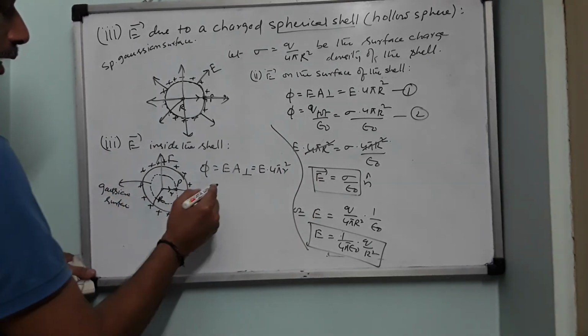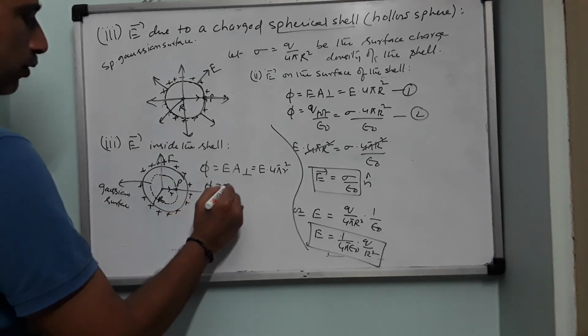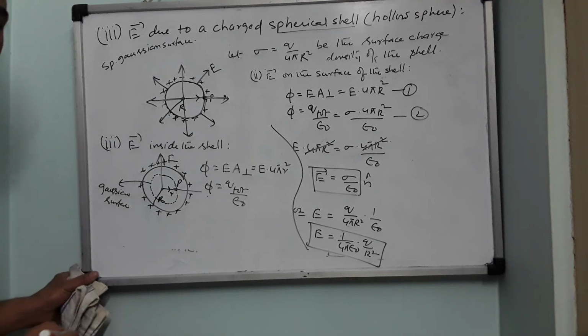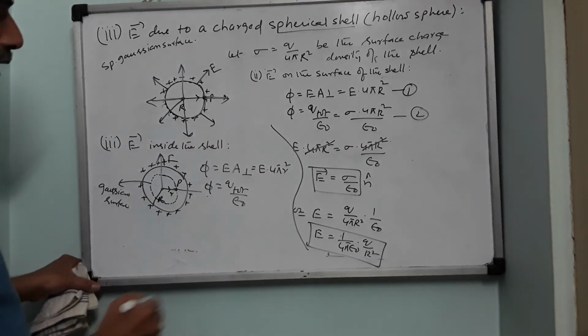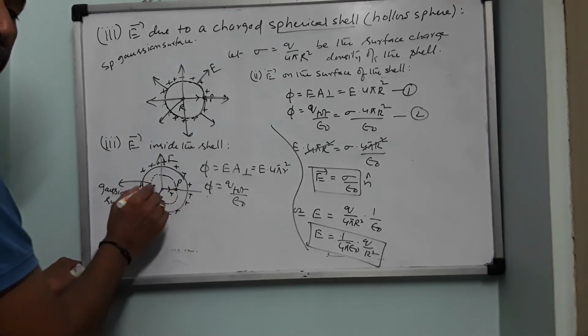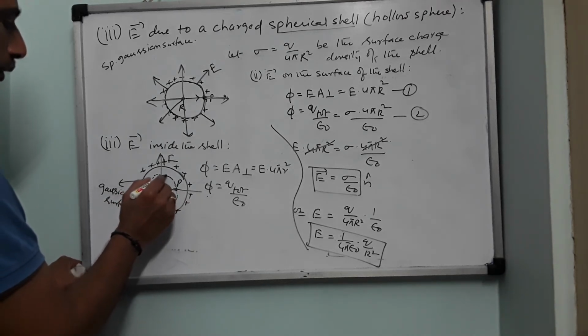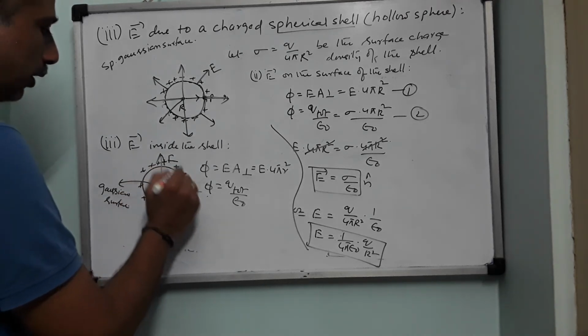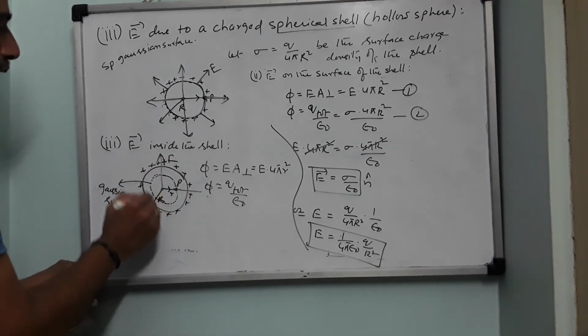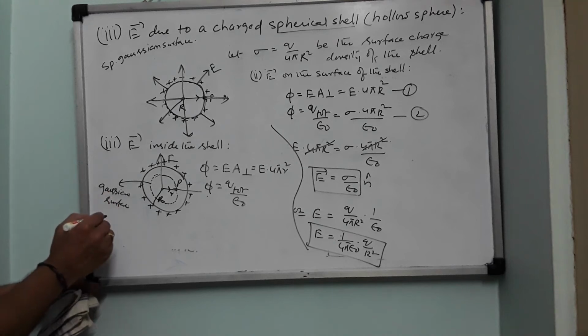Now use Gauss law. What is Gauss law? Phi equals Q total divided by epsilon 0. Now, what is Q total? The total charge enclosed by the Gaussian surface. The Gaussian surface is constructed inside the shell, whereas the charge is residing on the surface of the shell. So your Gaussian surface is not enclosing any charge.